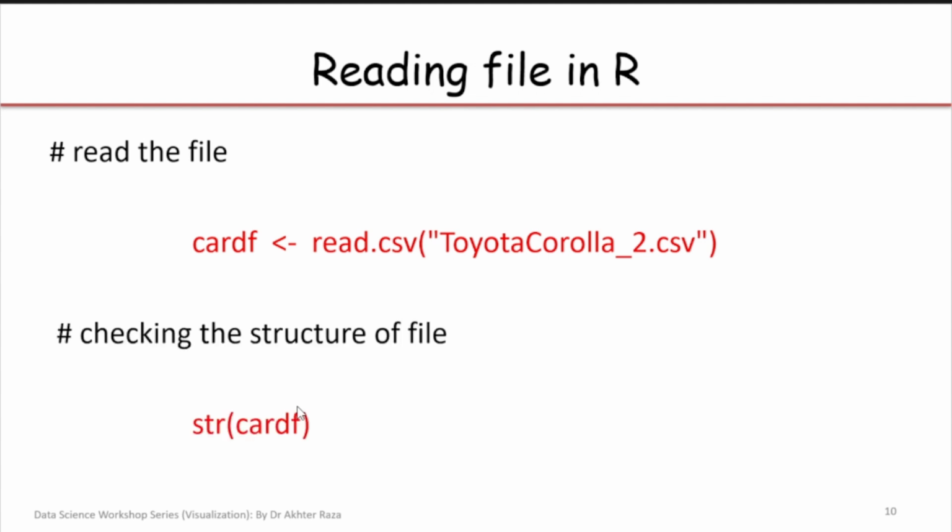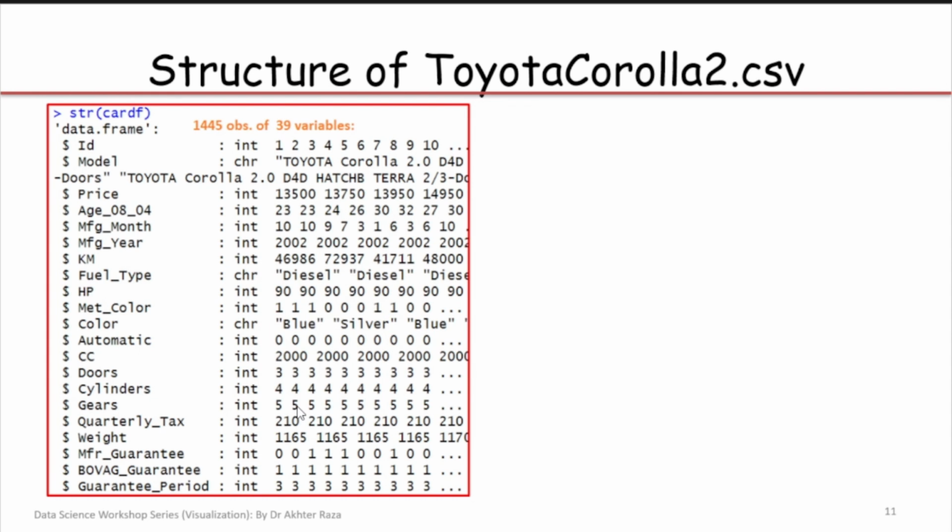The cardef, we will use the structure of the cardef for the rest of this lecture. This is the structure. We can create the box plot, histogram of the price column because it is our main dependent variable. We can also create the box plot, histogram of the different fuel types car for prices.